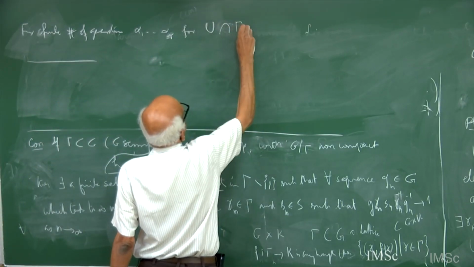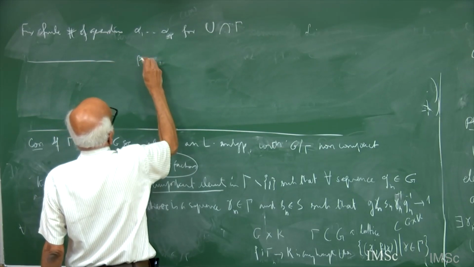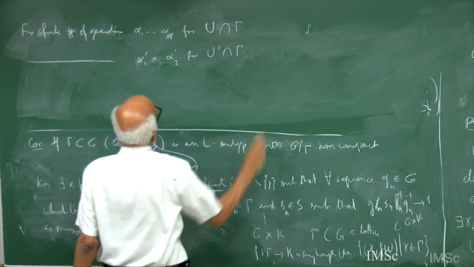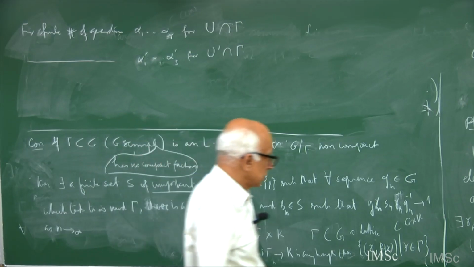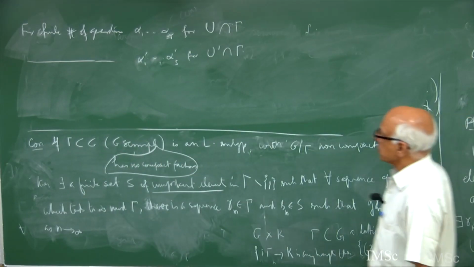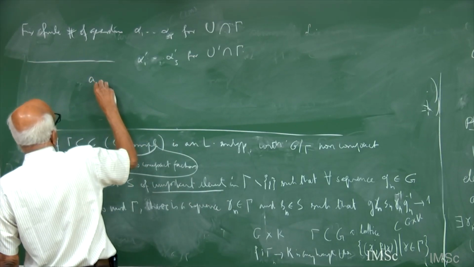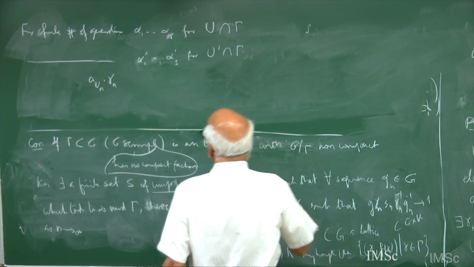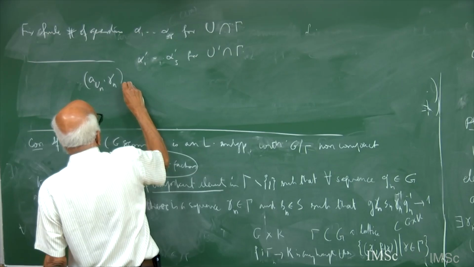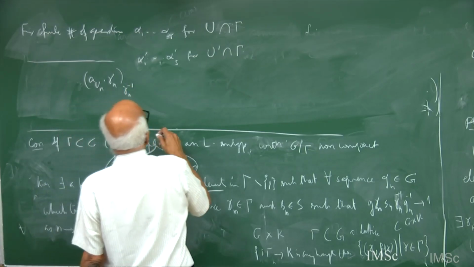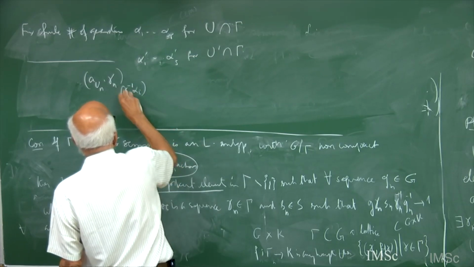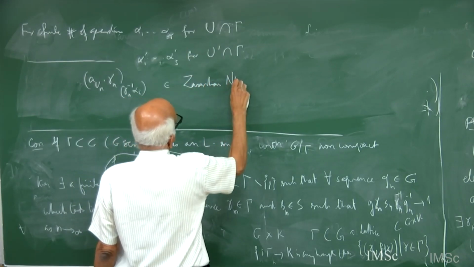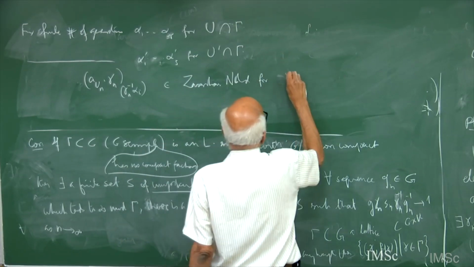Now look at A^n U_1 times γ_n. This will drag the γ_n inverse α_i into the Zassenhaus neighborhood for n greater than 0.